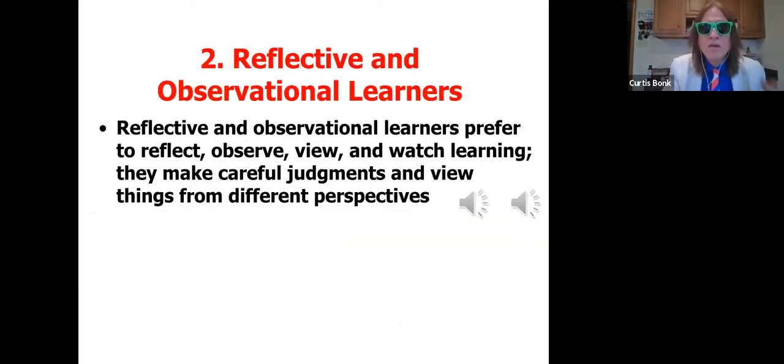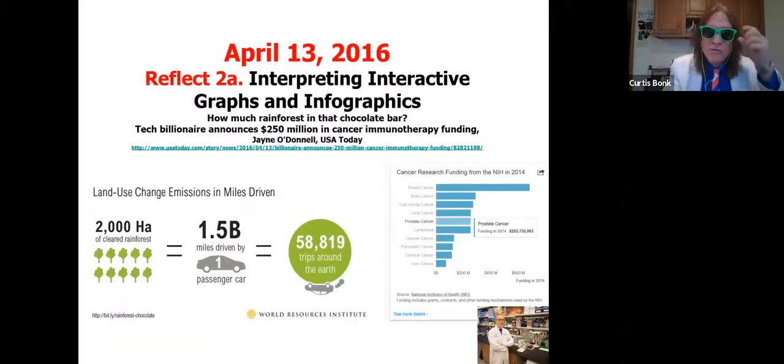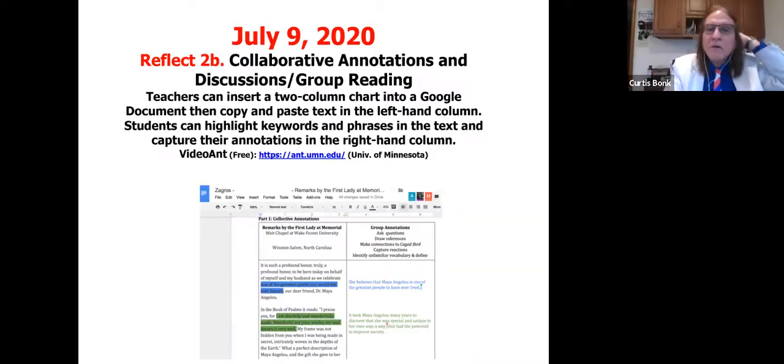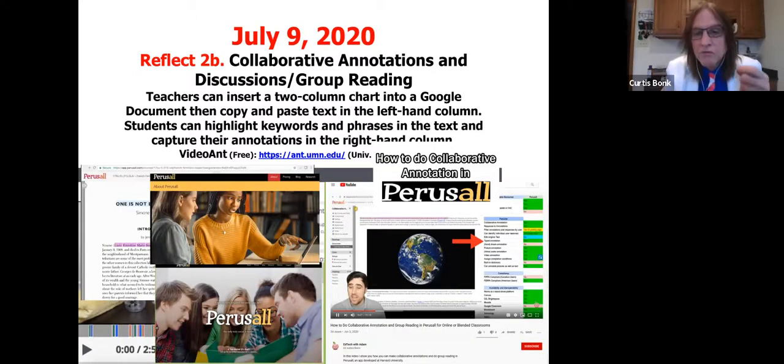The second is observing, watching, viewing, and then making judgments, reflecting on what you view. Whether it's an infographic that your students might view, or a graphic of some kind, or it's having students reflect on their papers using Google Documents, having 2 columns, having them do reflection activities, or Video Ant, reflecting on videos, or Perusal, which is a free tool.